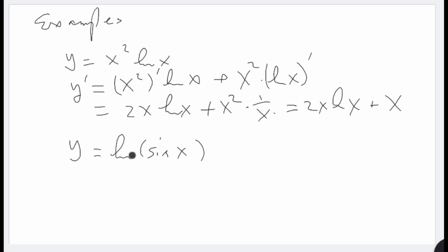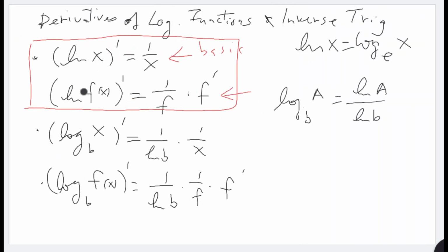All right. So it's a pretty straightforward problem. It's a log of something. So we had a formula. So log of something, the answer is 1 over that structure f inside log, right? 1 over f times f prime, just that.